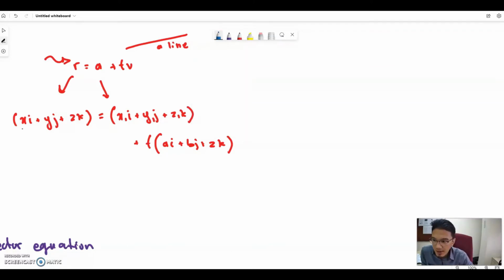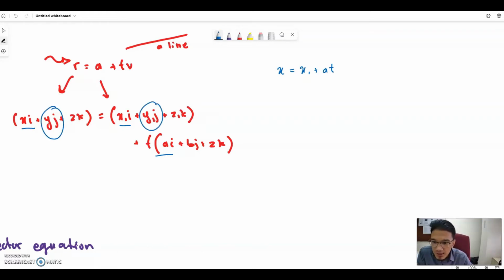We can compare the i components, but don't forget the t from the scalar. So x is equal to x1 plus at. That's for the x.